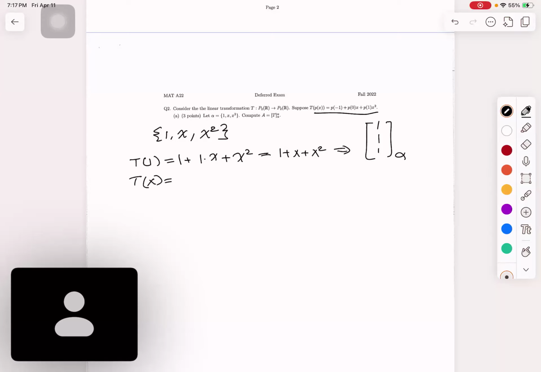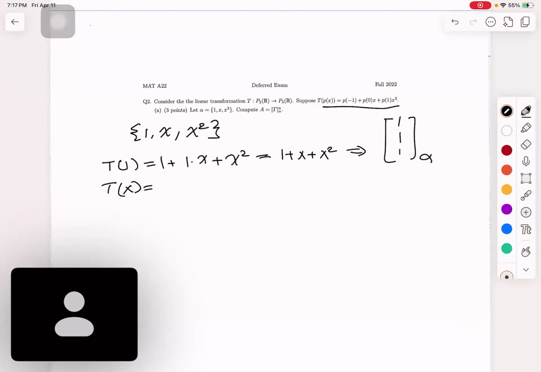Similarly, for T of x, when p is equal to x, you plug it into this function. p of -1 would be -1. p of 0 would be 0 times x. p of 1 is 1 times x squared. And then we get -1 plus x squared, which gives us, in terms of the basis alpha, -1, 0, 1.